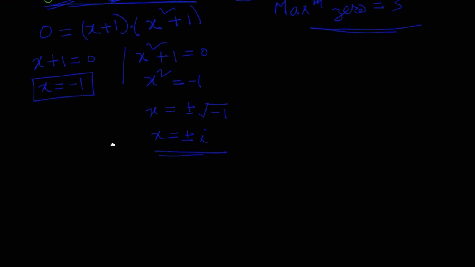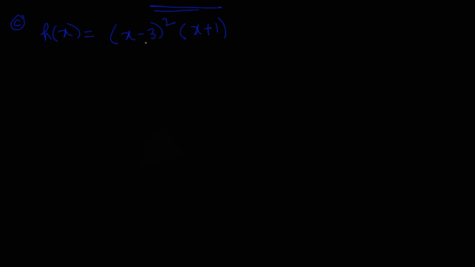So let us see now problem 3. Problem C: let's find the real zeros for h(x) = (x − 3)²(x + 1). First of all, let's find the degree of the polynomial.